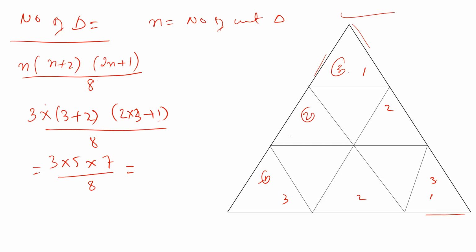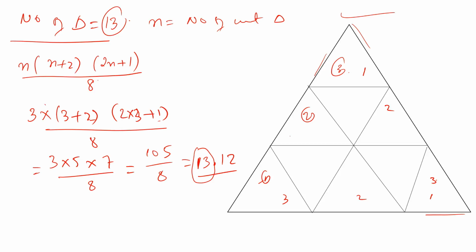If we multiply 3 by 5, we get 15. 15 multiplied by 7 gives 105, divided by 8, which is equal to 13.12. Here we find that there is a decimal, so we have to take the whole number. So the total number of triangles in this case is 13 triangles.